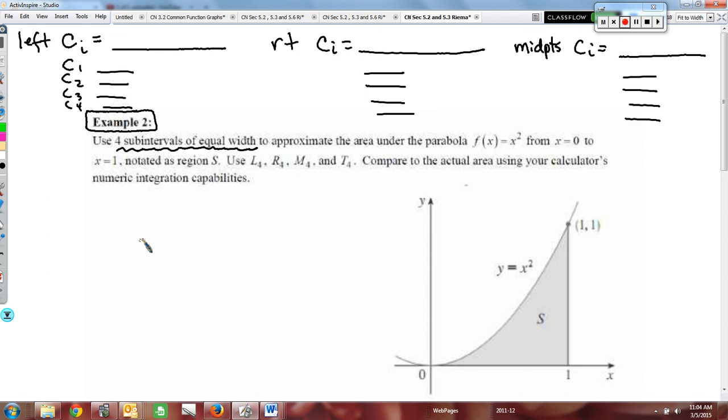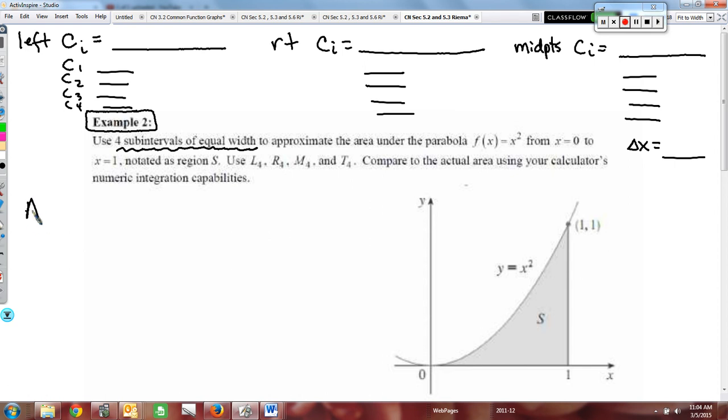Then what I want to do is, somewhere at some point in order to do this, hopefully you realize you've calculated your delta x. So make sure you tell me what your delta x is. And I don't want you to write the limit notation here because I don't want you to write the summation notation. I want you to actually do each one as your expanded form.